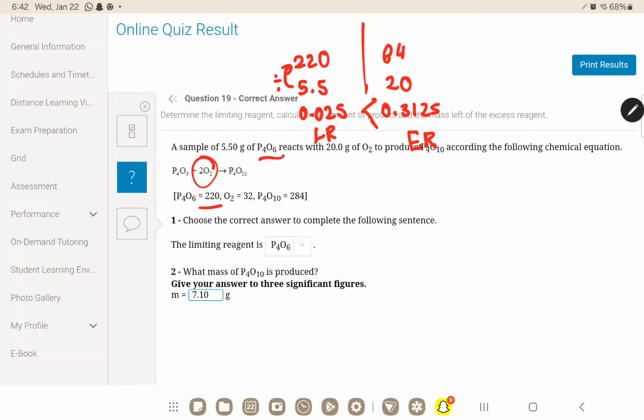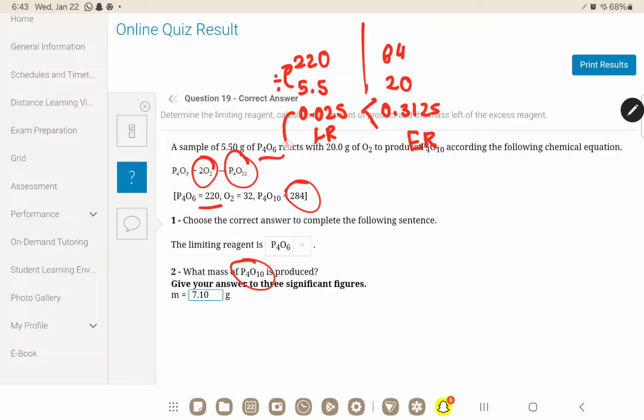So that is the limiting reagent, P4O6. Oh my gosh, I'm really sorry. So now, what mass of P4O10 is produced? What you do for this is you take the molar mass of this, you multiply it by the coefficient, if there is one, here there isn't.